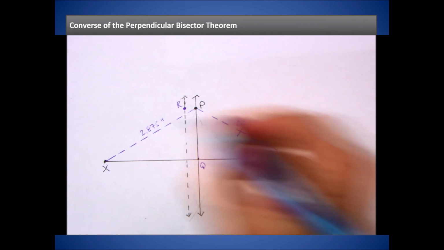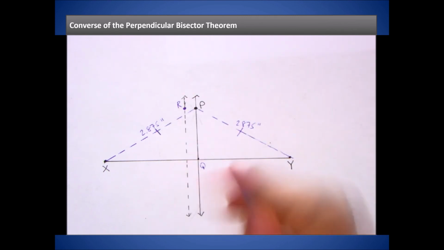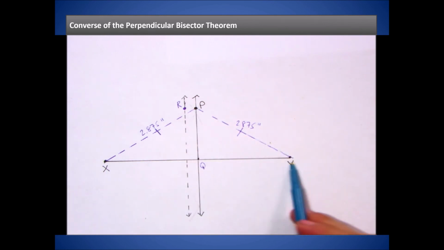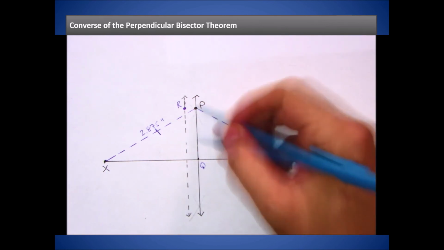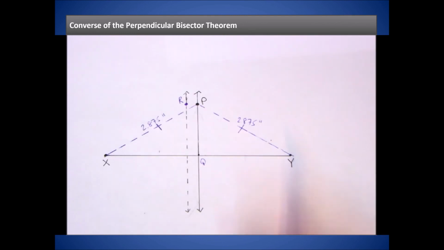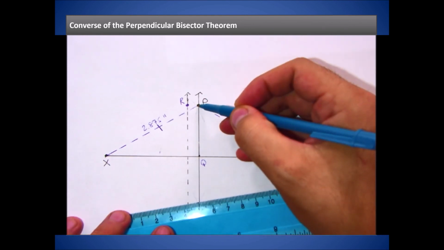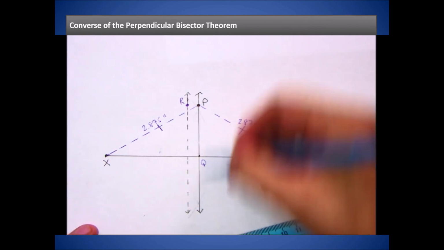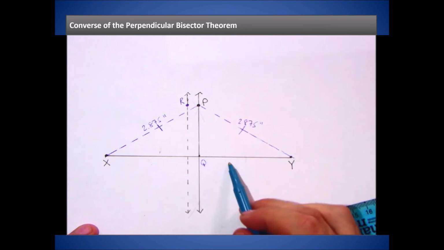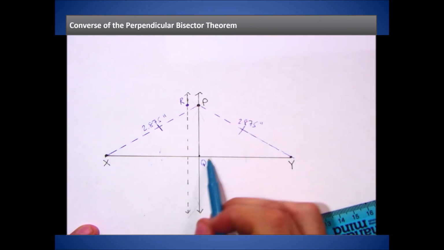We're starting with the assumption that those are the same. Now, if it is the same distance from X as it is from Y, then that must mean that this distance is the same as well. That's what we're trying to figure out. This also means that this point P is on a line that would cut this in half, and not only cut this in half, but meet this at a right angle.